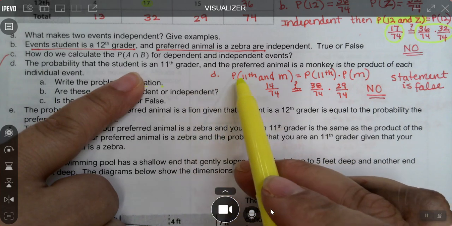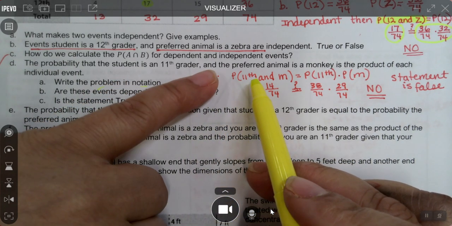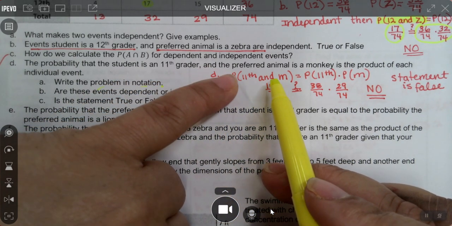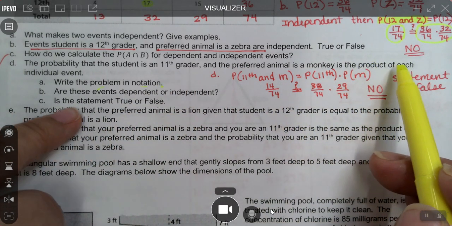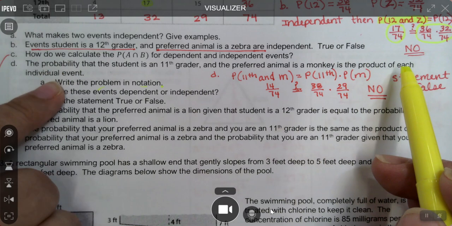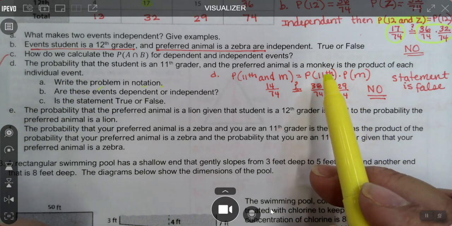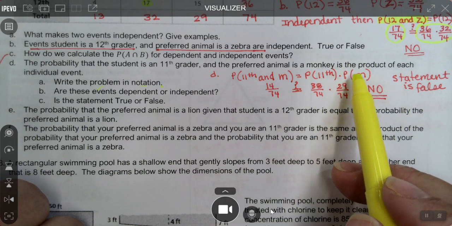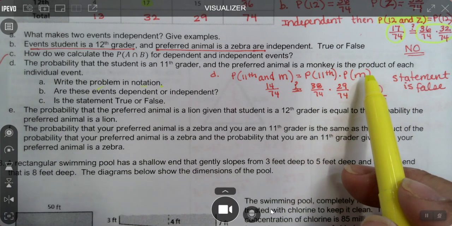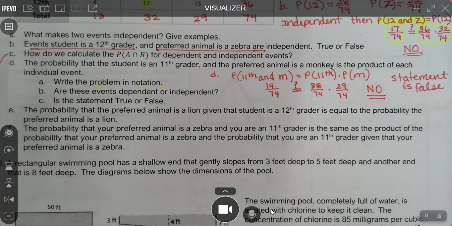The probability that the student is an 11th grader and the preferred animal is a monkey, that's an M, is the product of each individual event: the probability that you're an 11th grader times the probability that your preferred animal is a monkey. How do we know if this statement is true or not?